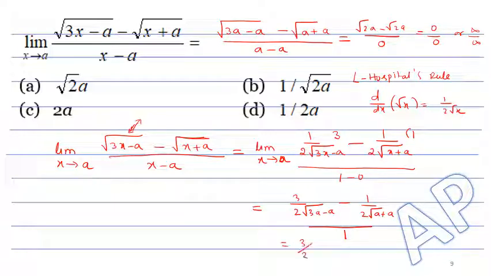This is 3 by 2 root of 2a minus 1 by 2 root of 2a. So 2 root of 2a is the LCM. So I have 3 minus 1. So 3 minus 1 is 2, 2 is eliminated, and we will get the answer as 1 by root of 2a, which is in option B here.